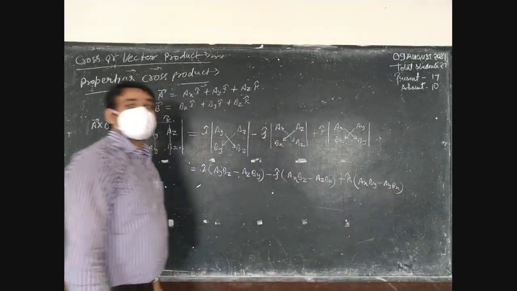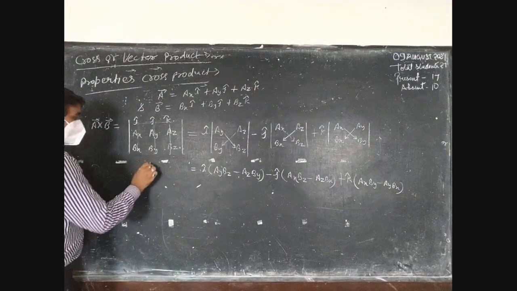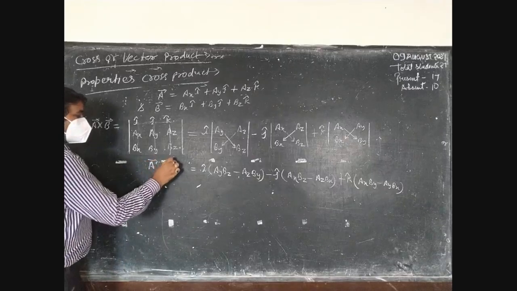This is the product between the two. Okay, vector A cross vector B.